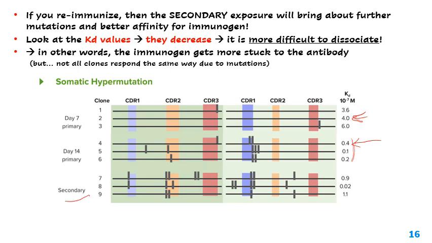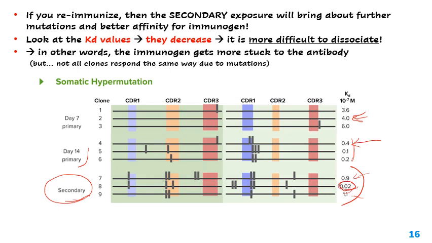Okay. So day 14, you have stuff that has a lot better affinity. And then if you give a booster shot, exposing those cells to the same antigen a second time, look what happened. What tends to happen to the differentiation of this hypermutation? Some of them get worse, but some other clones get a lot stronger binding affinity.